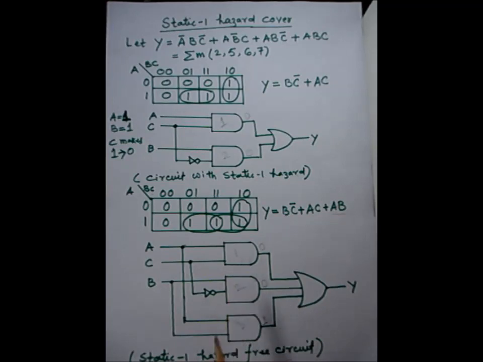An important thing is that when we minimize a Boolean expression, the circuit we get is not always free from static 1 hazard. Therefore, sometimes additional circuits are required to make it free from static 1 hazard.